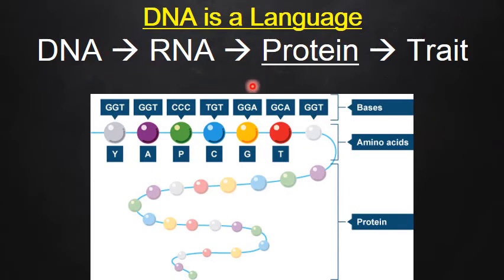DNA, RNA, protein, trait. Now, there are 20 amino acids that make up human proteins. Now, each of these amino acids has their own individual molecular shape. As a result, the type and sequence of these amino acids will determine the shape of the protein.